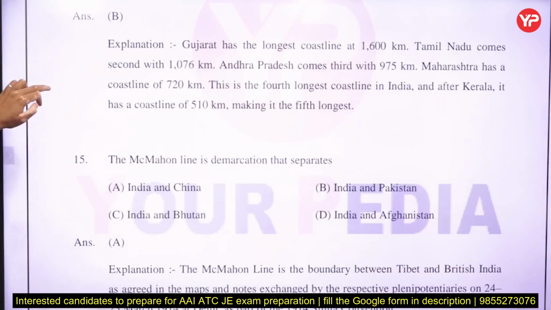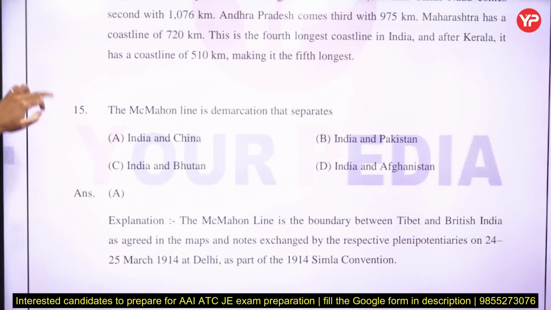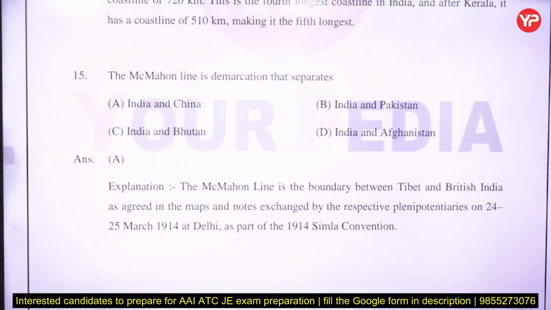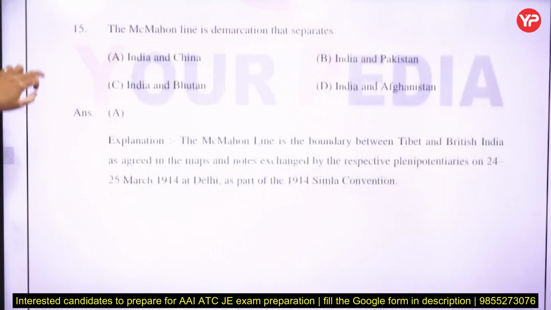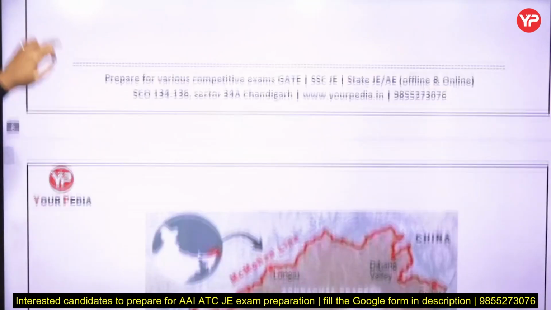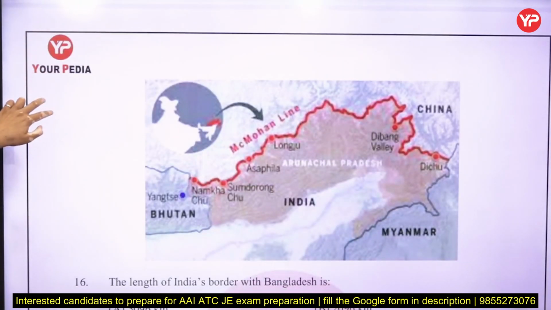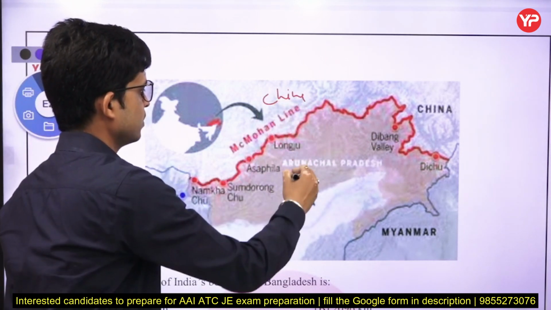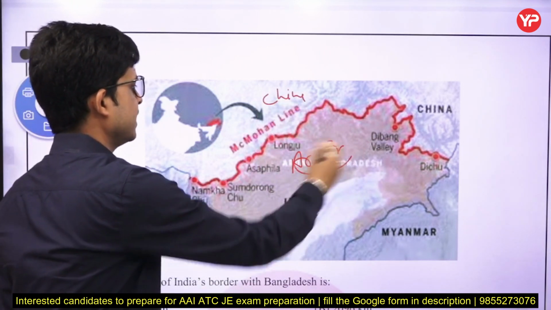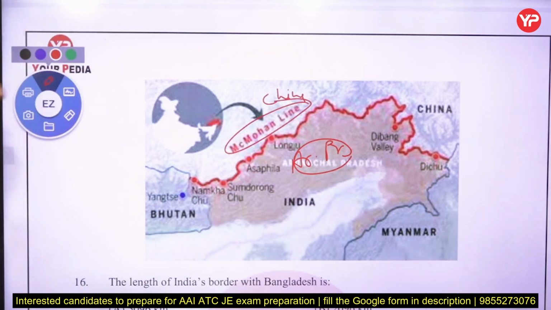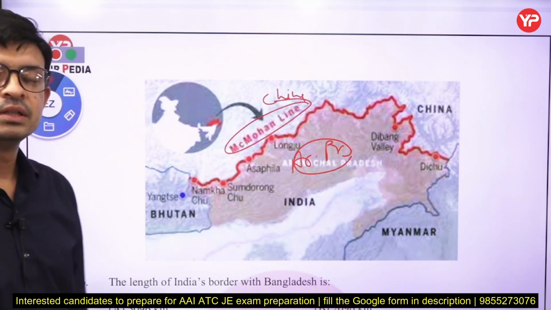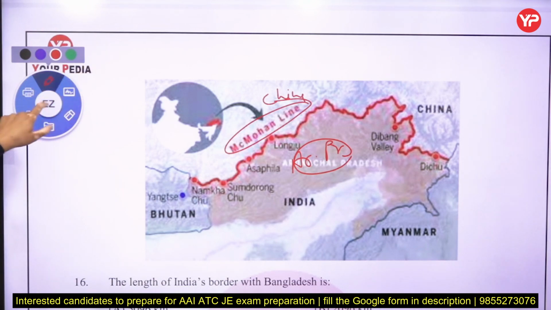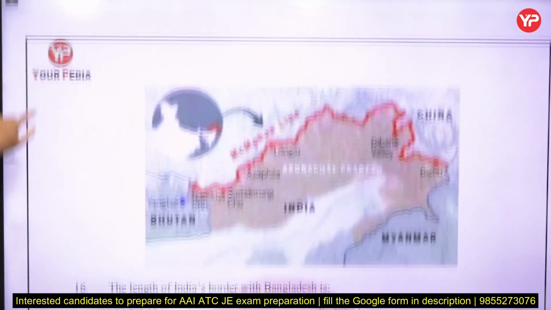Next question is, the McMahon line is a demarcation that separates. First of all we go through the map. Here we see the McMahon line. You clearly see here is China and here is Arunachal Pradesh. So McMahon line separates China from India, or basically China from Arunachal Pradesh. ठीक है? Let's see the question.